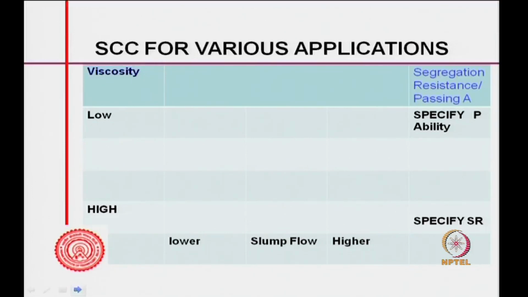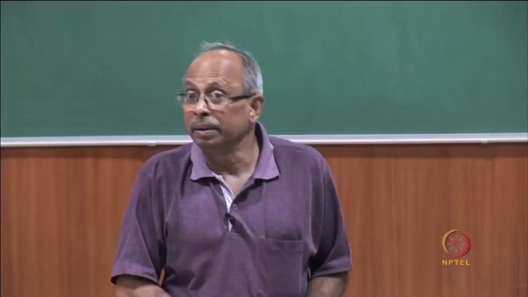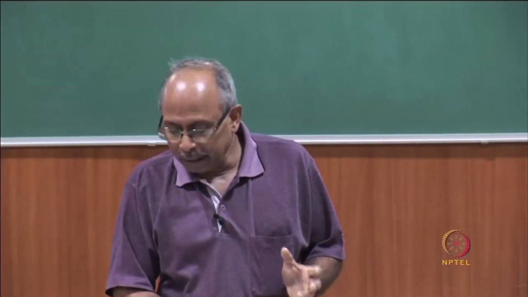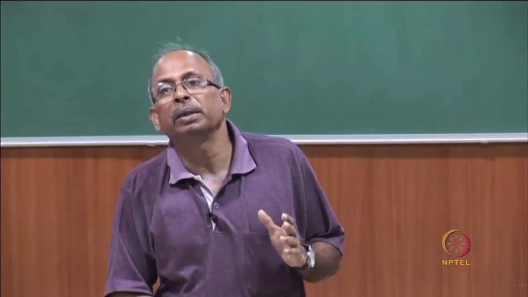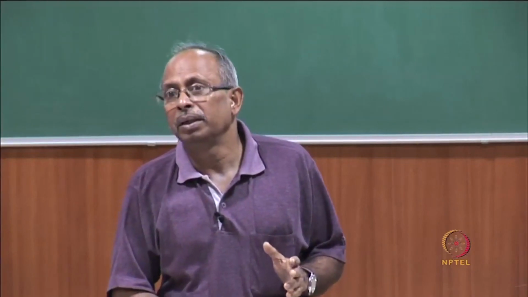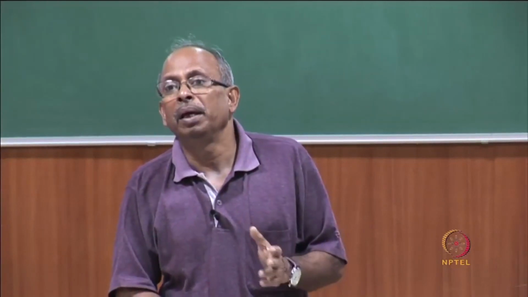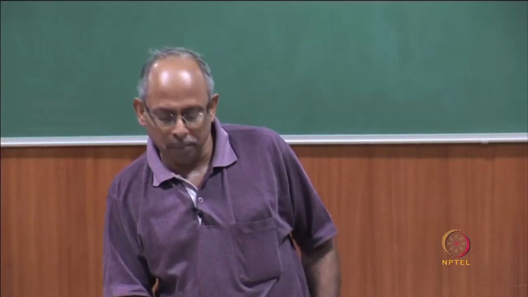SCC for various applications. Depending upon the application, you will require viscosity from low to high, slump flow from lower to higher, and passing ability to segregation resistance. In some cases you would require segregation resistance, it should not segregate, somewhere it should have passing ability.